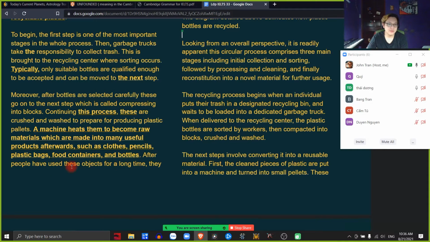After people have used these objects for a long time, do you need to mention that people use them for a long time? Có cần phải nêu ra là sau khi con người đã sử dụng những vật dụng này một thời gian lâu dài không? No, I think you do not need that, right?